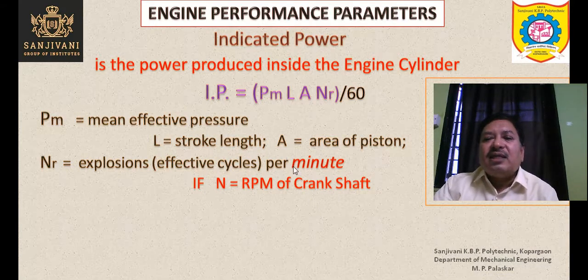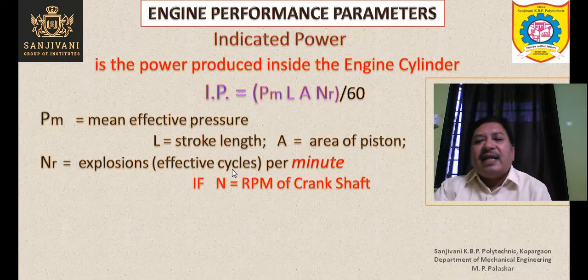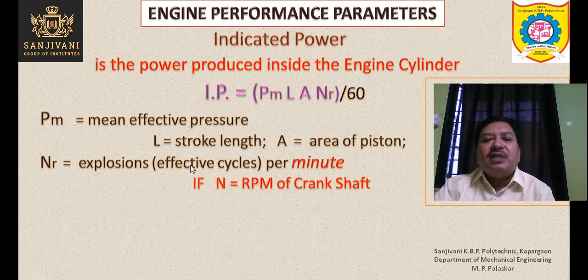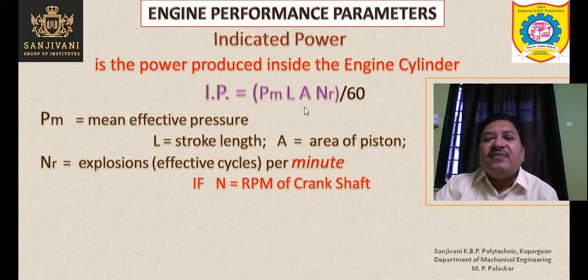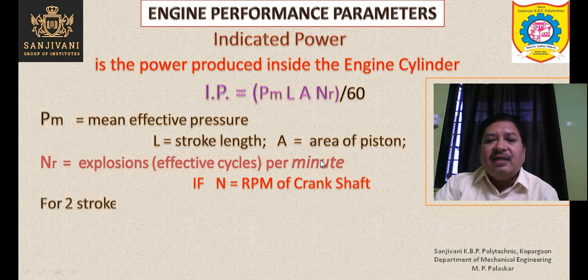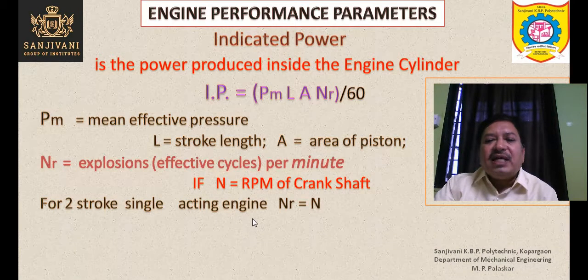So RPM means revolutions per minute, and at the same time these explosions or effective cycles are also taken in per minute. But in the equation of indicated power itself, we have to divide by 60. And in case of the 2-stroke single acting engine, now we get NR is equal to N.